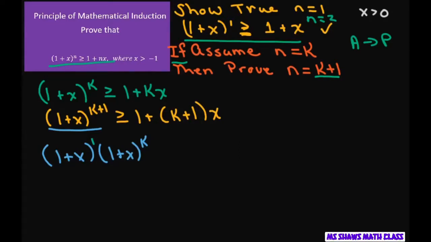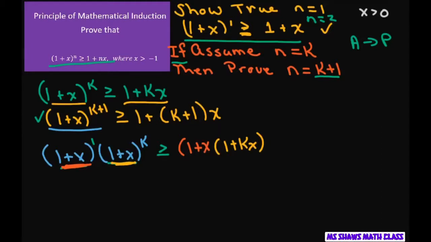Since these are the same base, this is the expanded form, because you would just add the exponents 1 plus k, or k plus 1. So we know that this is going to be greater than or equal to this part here, which we already know is greater than or equal to 1 + kx. This part we can just put in front here, because we're trying to get it to look like this.